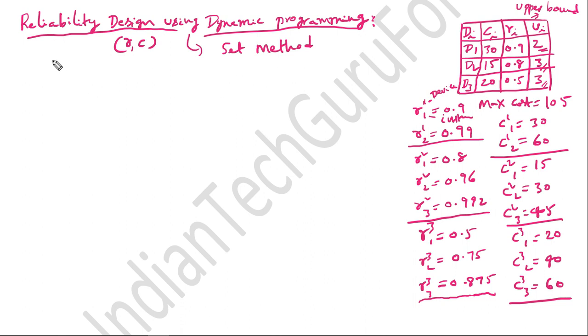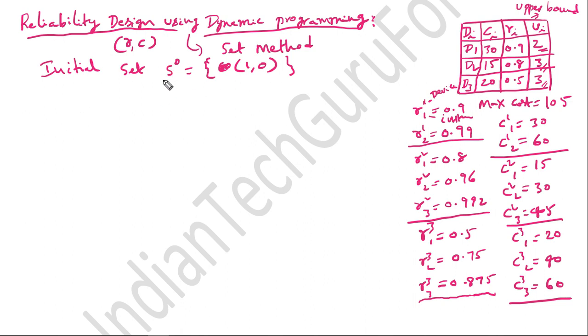Basically, we need an initial set with predefined values, S power 0, and the values here will be 1 comma 0, where 1 represents the reliability and 0 represents the cost. Because there is no device which we have purchased till now, the reliability will be very high and the cost is 0.